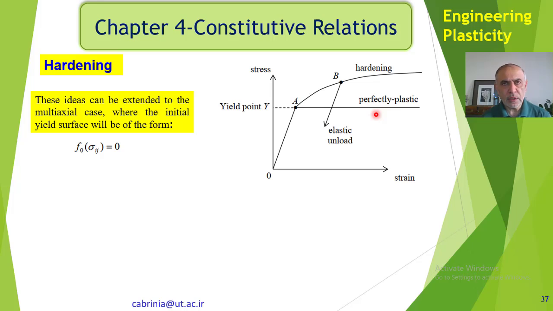But for hardening, obviously it must change, because as we said here, the yield point is here and then goes there, so increases. So the yield surface must change. That's why we write down F0(sigma ij) as 0, shows the initial position.